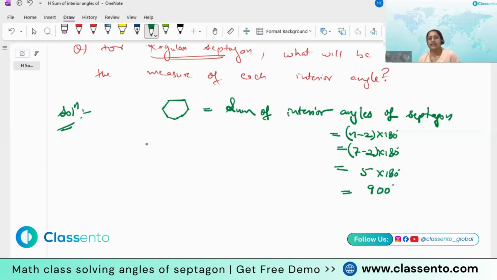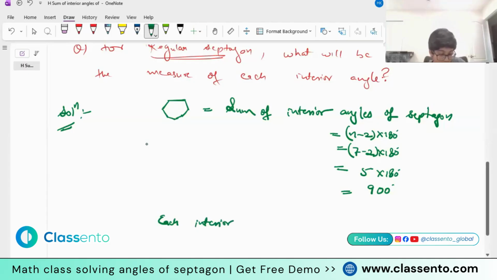So it is 900 degrees, right? If we want to find out one, the question is asking you each interior angle, okay? So in each interior angle, one angle will be equal to how much?